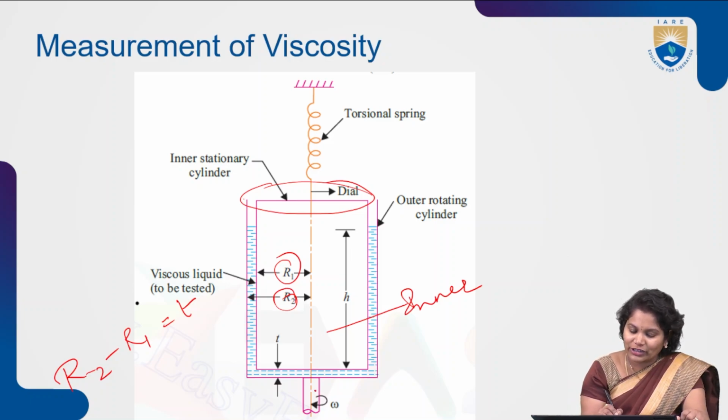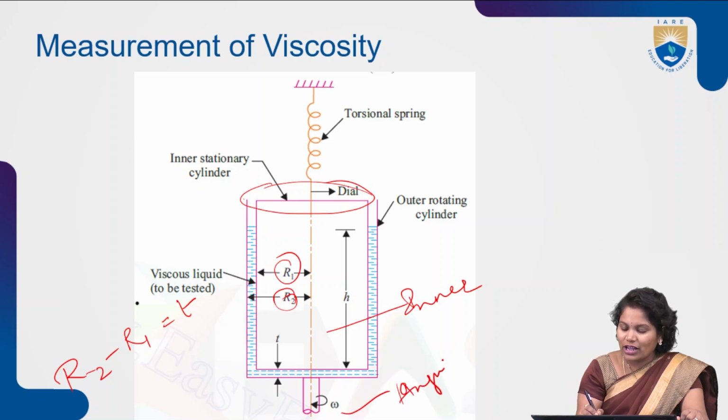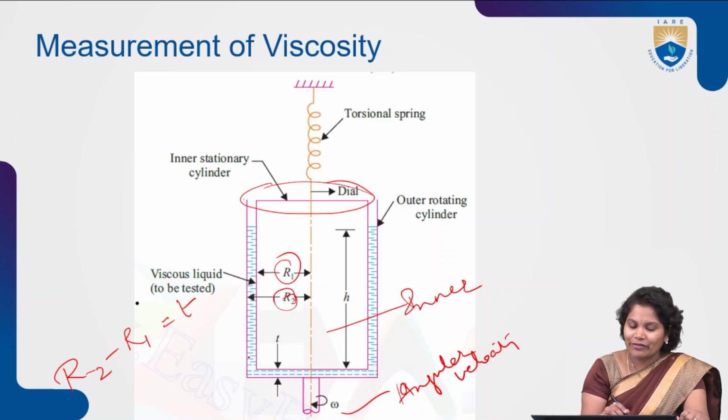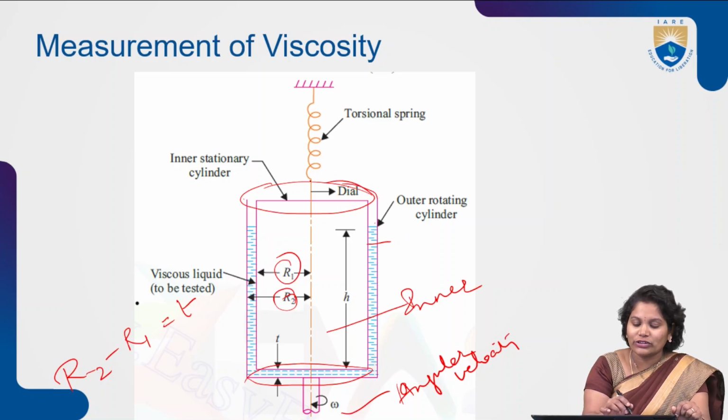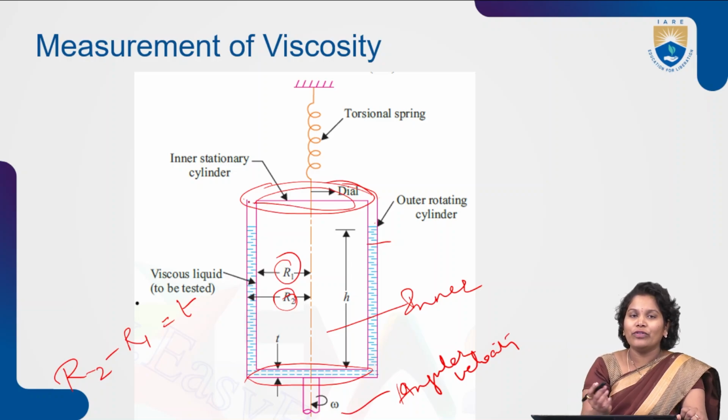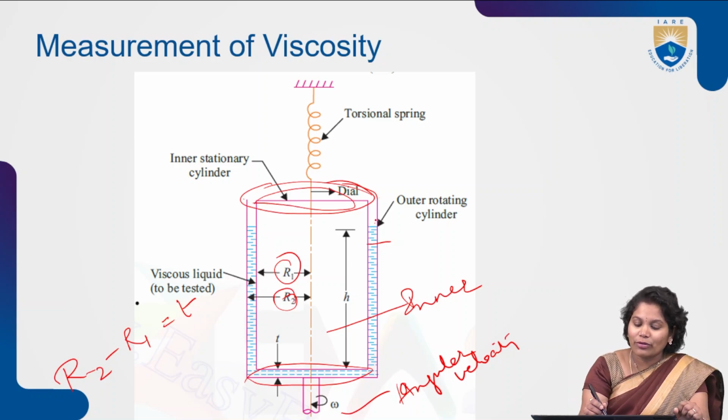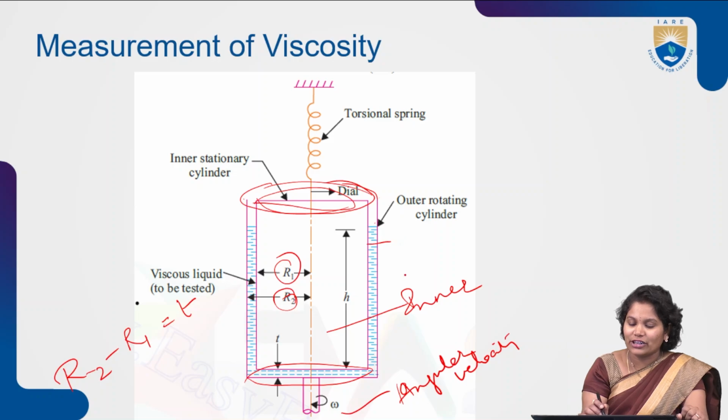The outer one is rotating with some constant angular velocity omega. With this effect, the fluid in the annular space between the two concentric cylinders moves with the outer cylinder. With this velocity, the inner cylinder also starts moving.